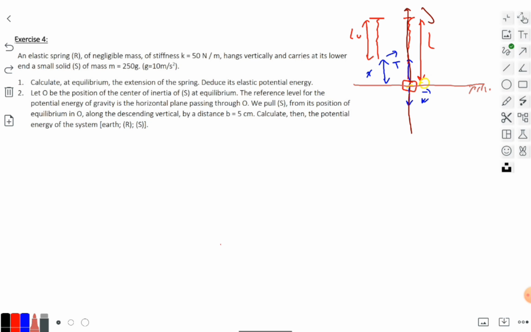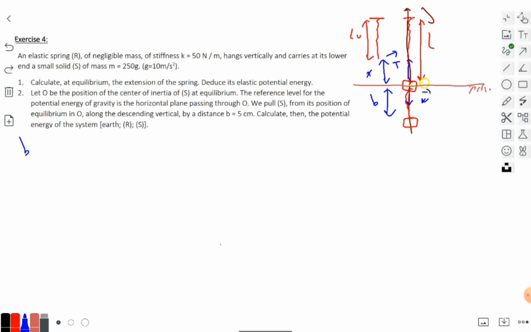We pull S from its position of equilibrium O along the descending vertical by a distance B equal 5 centimeter. So S becomes here, by a distance B from its equilibrium position.